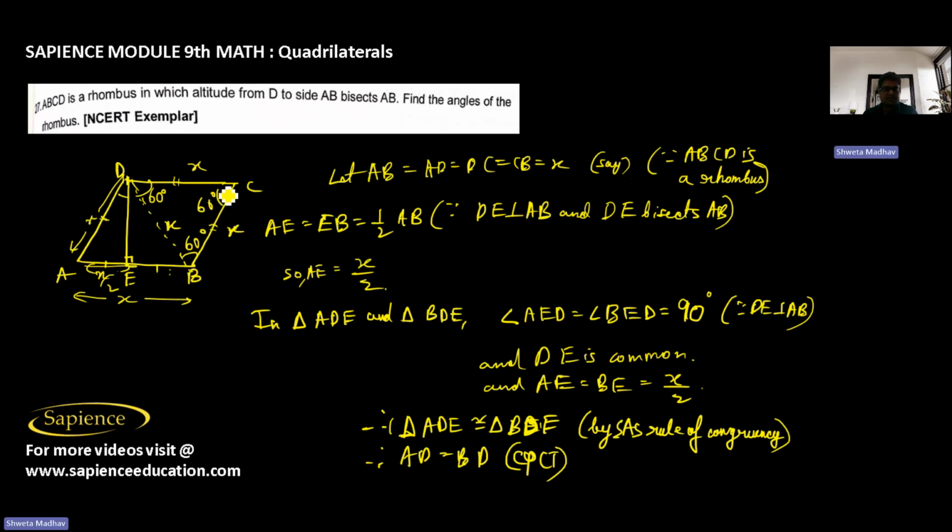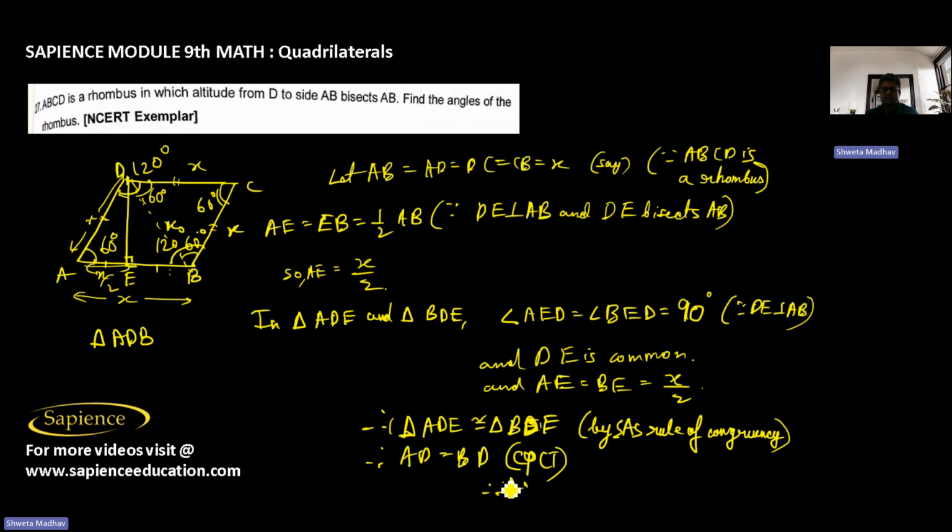That means this is 60, so the opposite angles are equal. This should also be 60 only. And opposite sides are parallel, and the sum of co-interior angles is 180 degrees. So this angle is 120 degrees, and this angle is again 120 degrees. Or we can say that triangle ADB is isosceles.